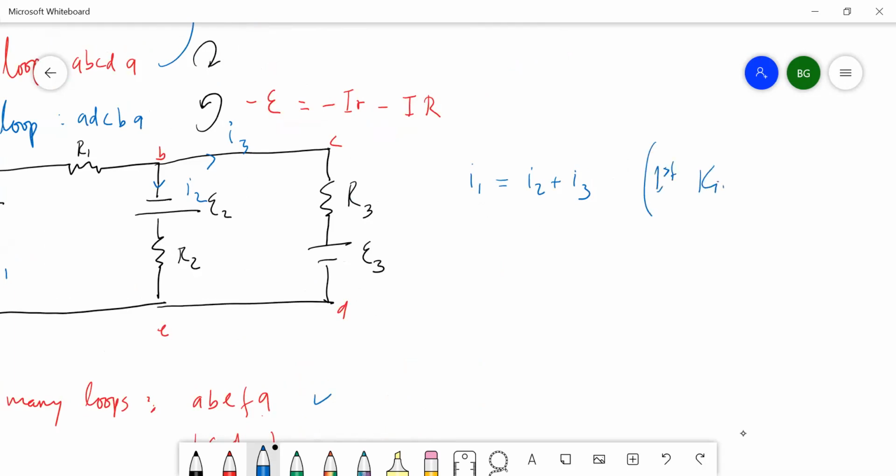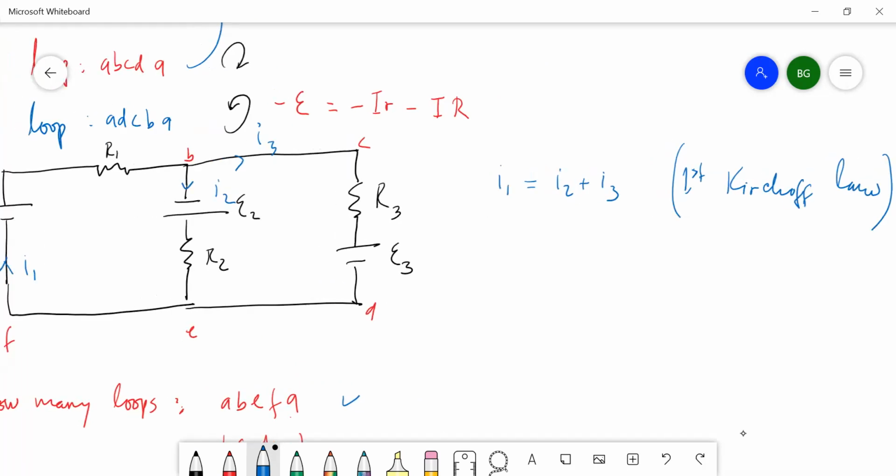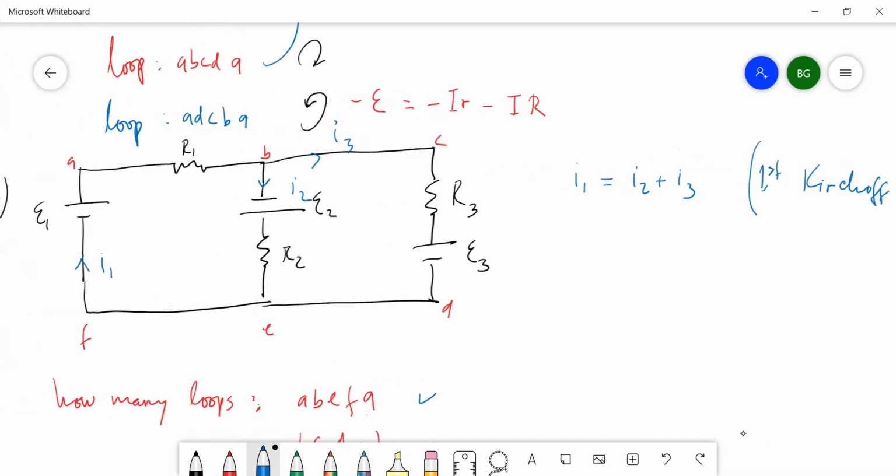We take the direction of all currents like this. If the current we get is positive, then we have the correct direction.